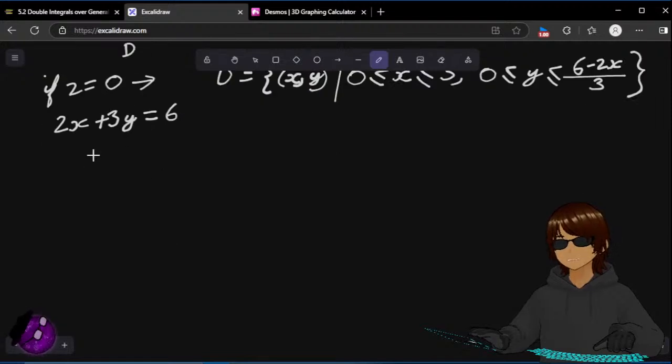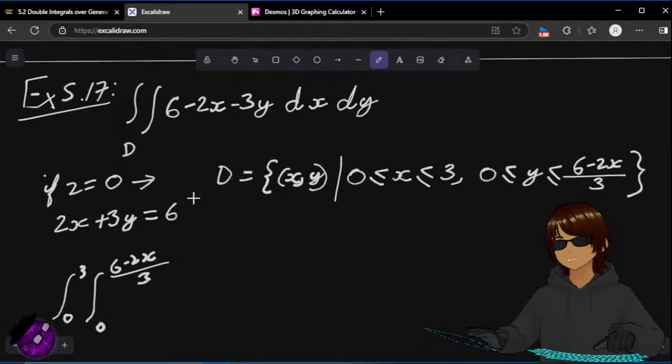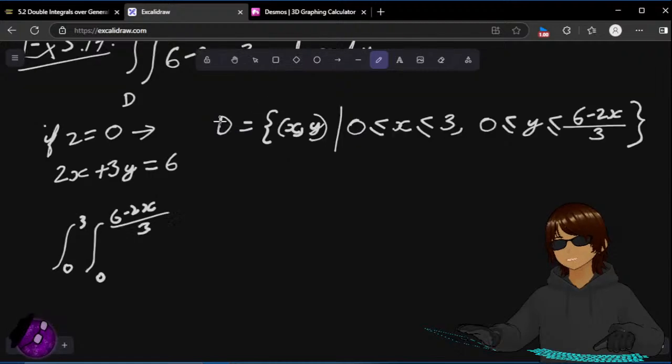So let's integrate over y first. We have 6 minus 2x minus 3y.